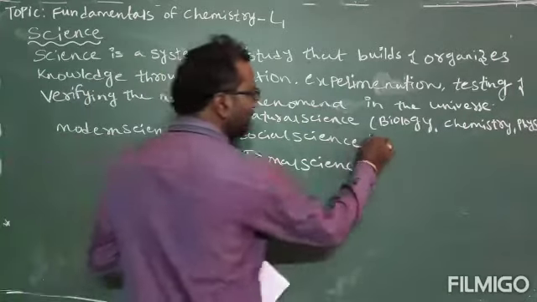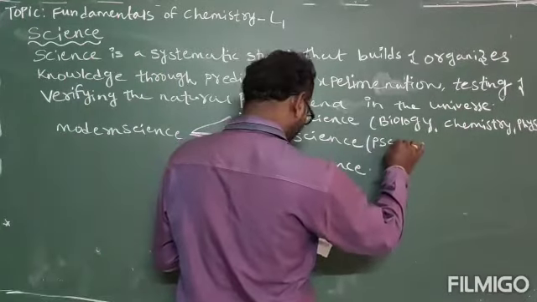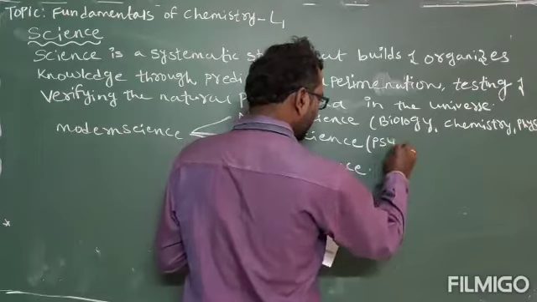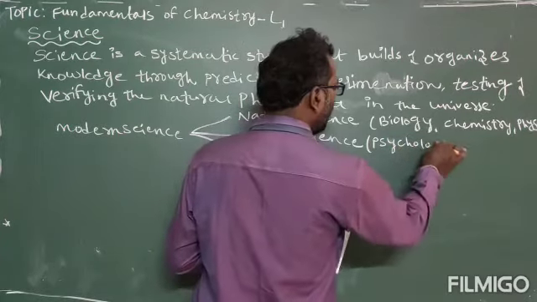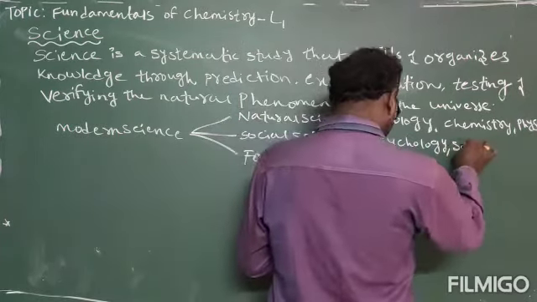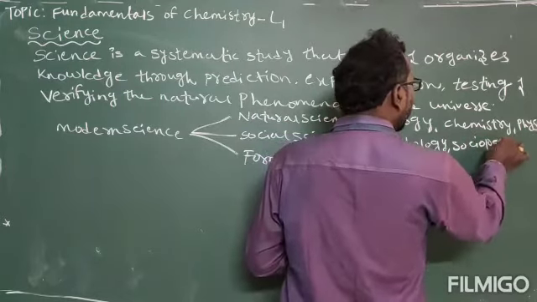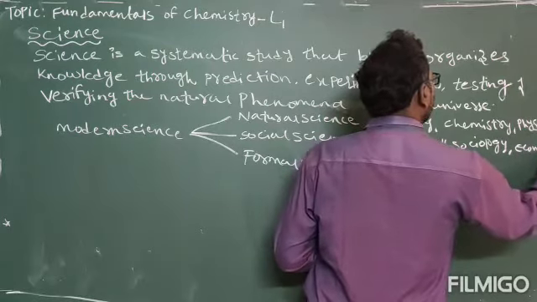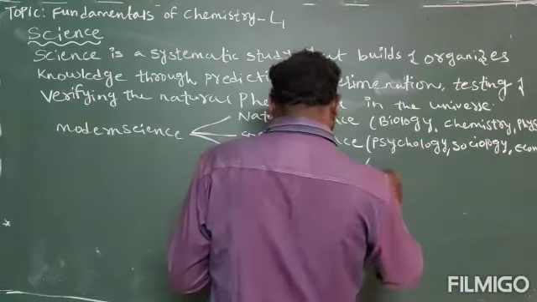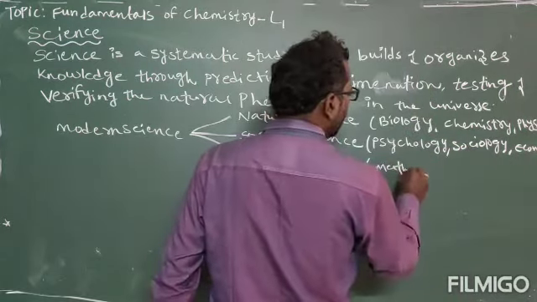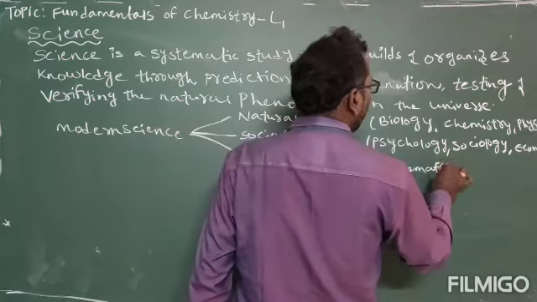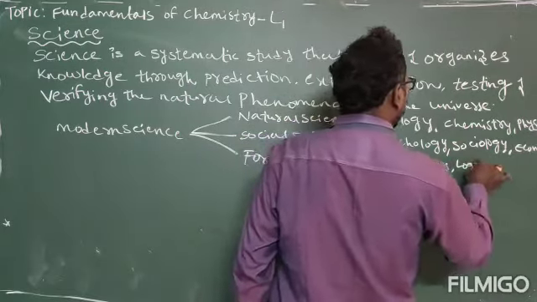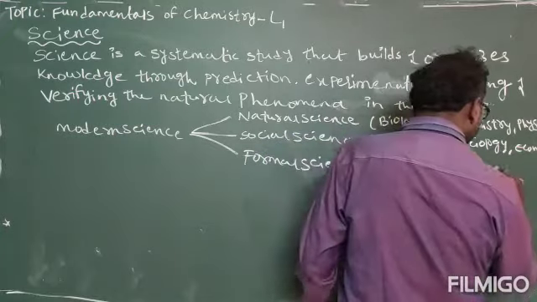And social science means psychology, sociology, and economics. And formal science is mathematics, logic, and computer science.